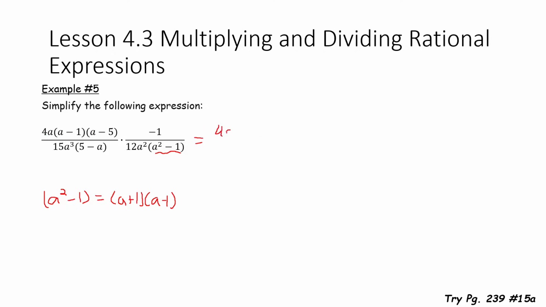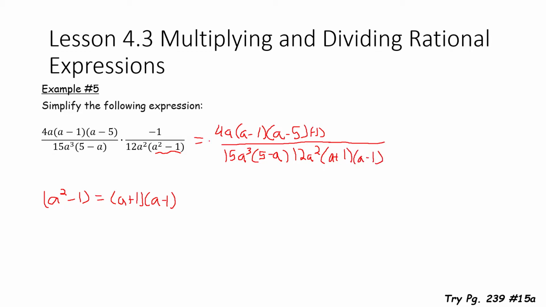So we'll have 4a times a minus 1 and a minus 5, and then times negative 1, all over 15a cubed times 5 minus a times 12a squared times a plus 1 times a minus 1.